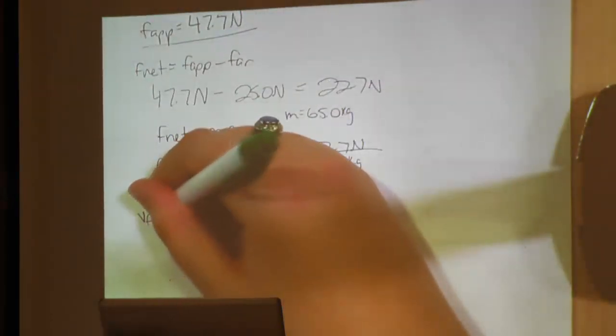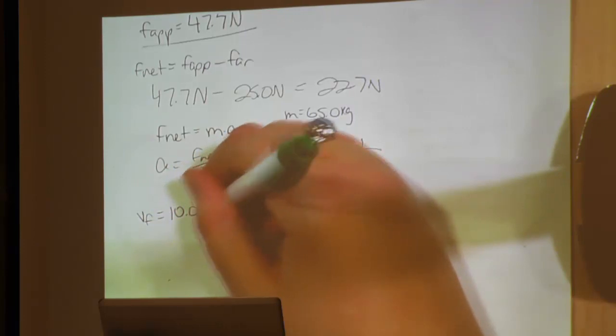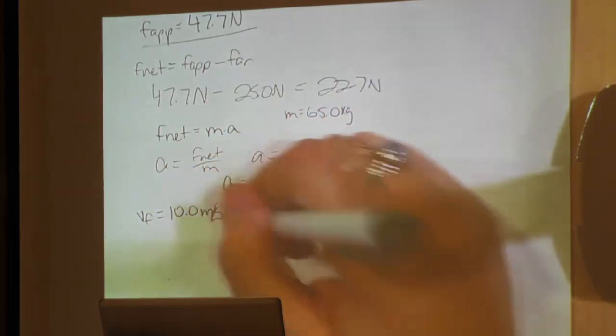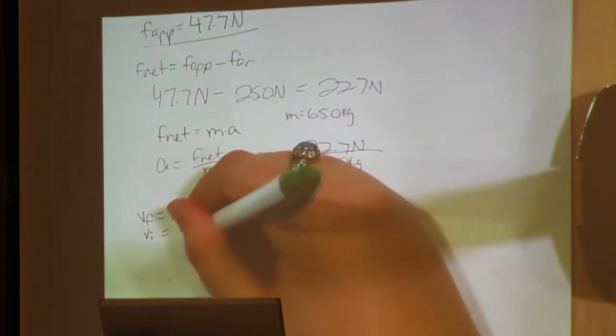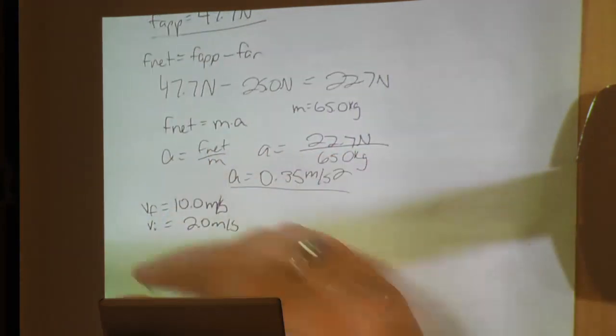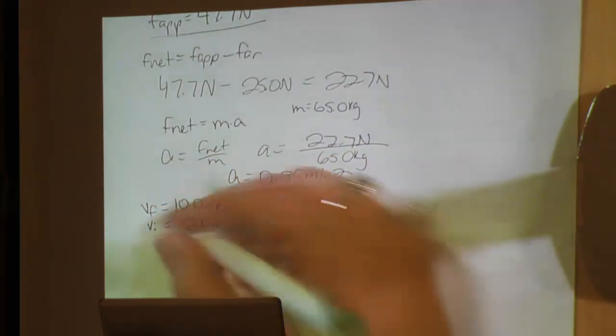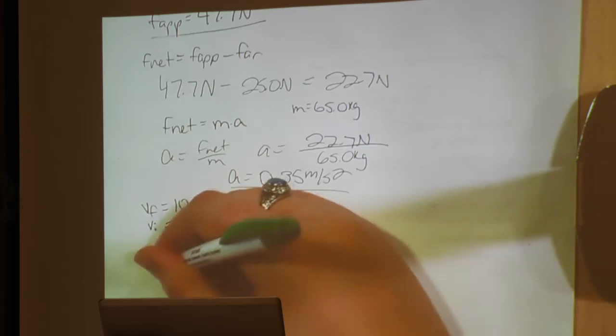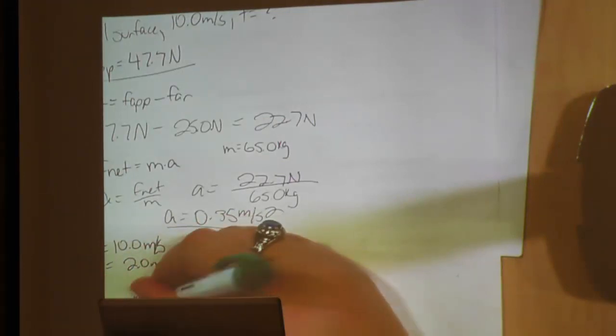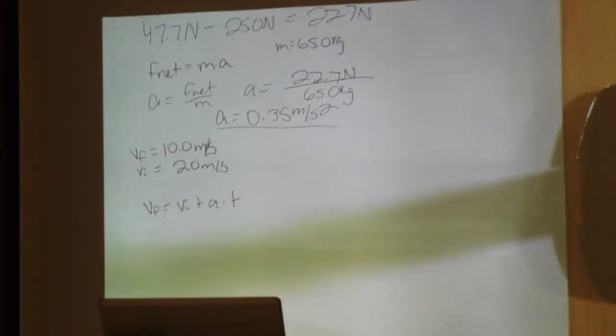Great. So like I just said, we have V final. Remember the question said that he's trying to reach 10 meters per second. VI was given at 2.0 meters per second. Acceleration we just calculated is right here. And we're trying to find time. So it would be VF is equal to VI plus A times T, according to the formula sheet.